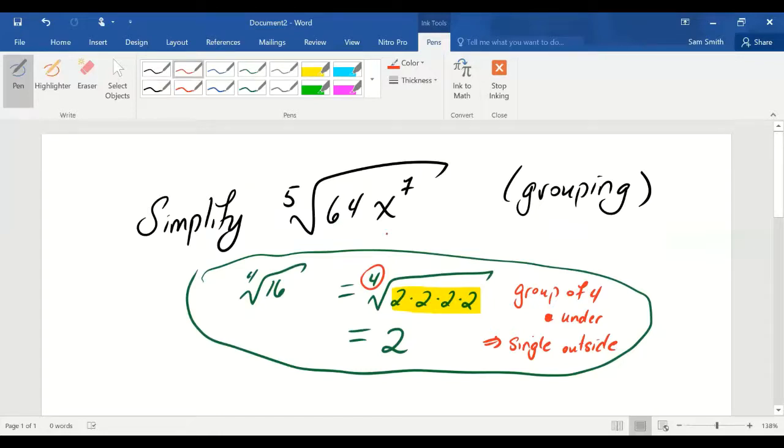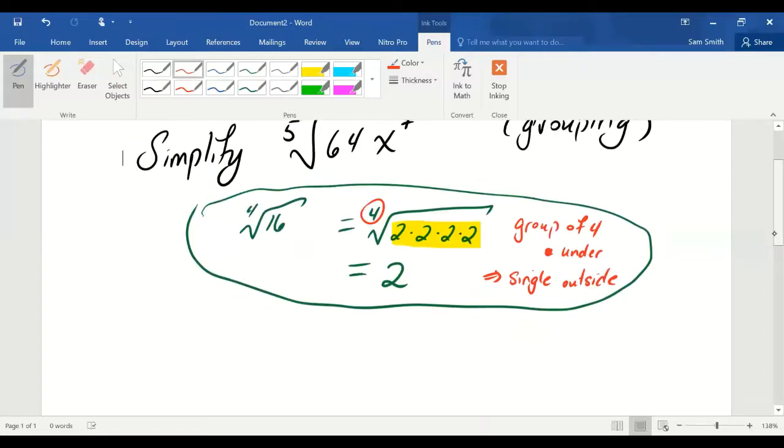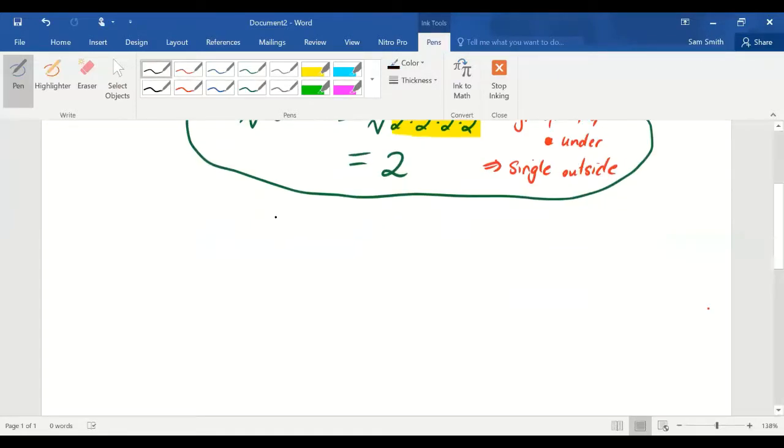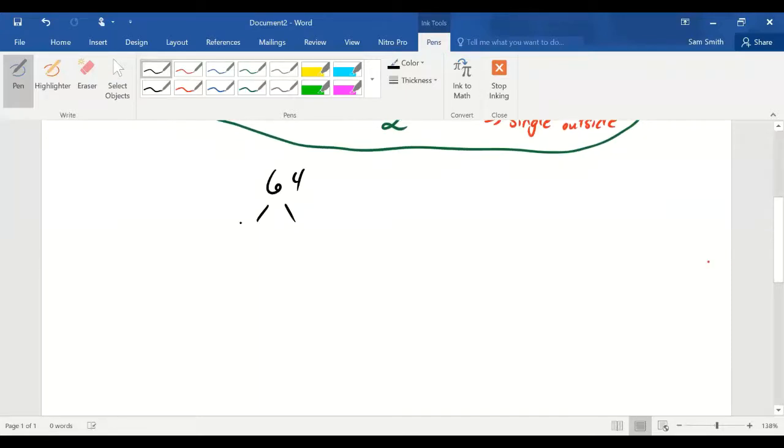Let me start by factoring 64 completely. 64. Now I think 64, the first factorization that occurs to me is 8 times 8 from the old times tables. I don't know if folks still do times tables, but I used to when I was a kid. And each 8 can be split as 2 times 2 times 2.